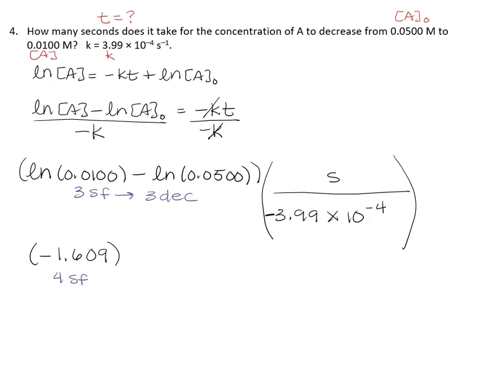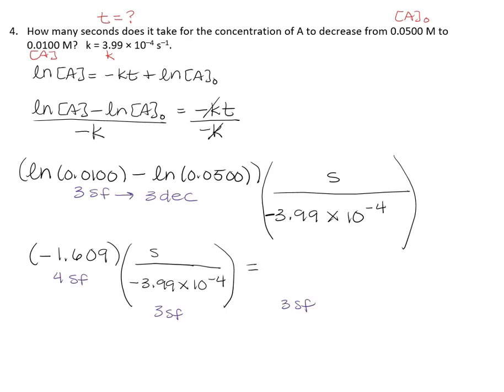And then we'll apply K. So we have seconds on the top, negative 3.99 times 10 to the negative 4. The value of K has 3 sig figs. So our final result is going to have 3 sig figs.